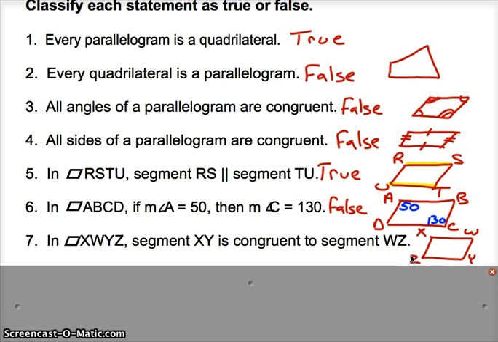And they're telling us that segment XY is congruent to segment WZ. Well, XY happens to be a diagonal, and WZ happens to be a diagonal. So do you know that the two diagonals are going to be congruent to each other? And we don't. We know the diagonals bisect each other, but we don't know that they're congruent to each other. So this is going to be false.